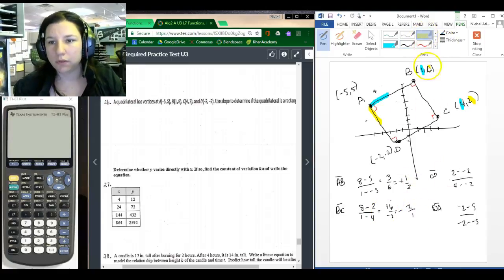And then let's finish color coding so we can make sure we didn't plug anything in wrong. Okay, so this one will be 2 plus 2, which is 4, over 4 plus 2, which is 6. So that's going to simplify to +2/3.